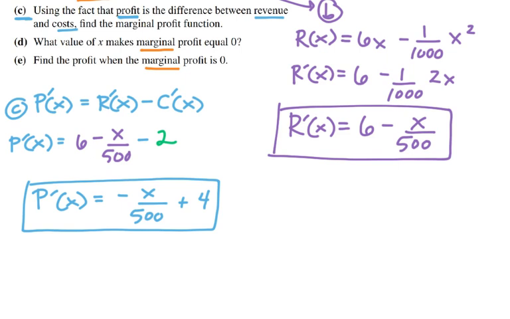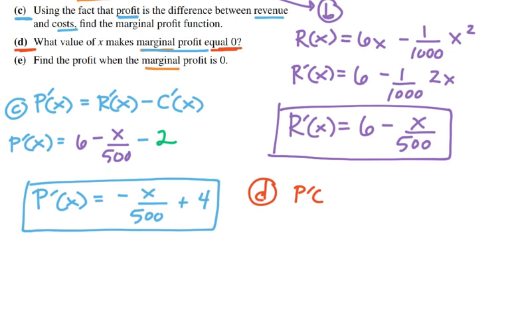Part D says, for what values of X will that marginal profit that we just found be equal to 0? So that means find your X value if you know P prime of X is equal to 0.